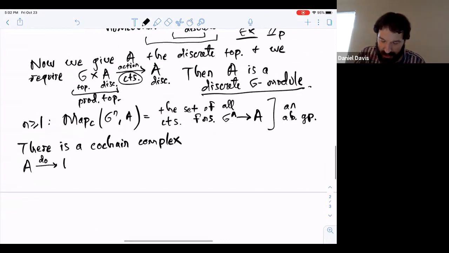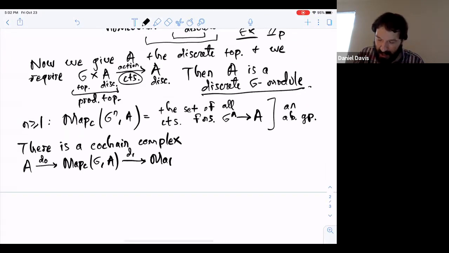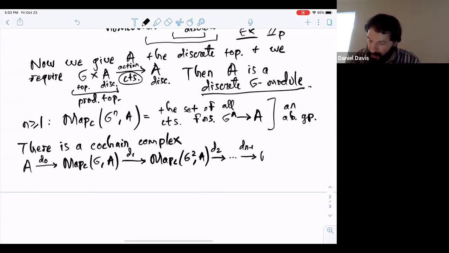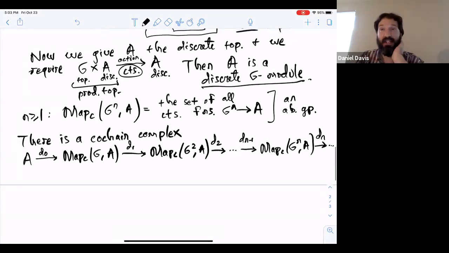So d_0 goes to map sub C of G comma A. We have a homomorphism out of that into map sub C of G squared comma A. This pattern persists as before: we have d_{n-1}, then map sub C of G^n comma A, and this homomorphism, again, we call d_n. And this is a cochain complex.